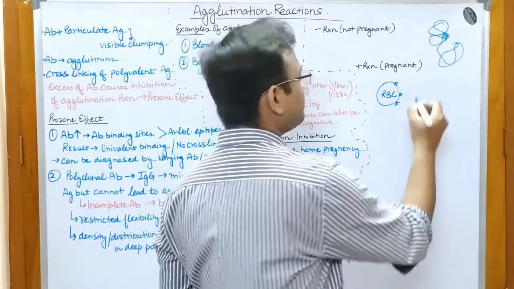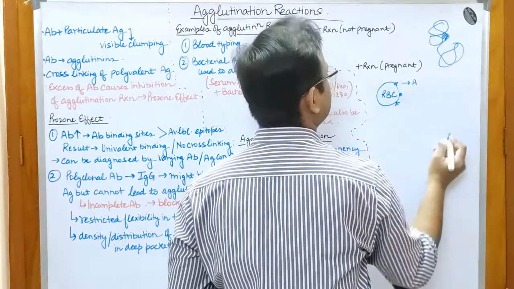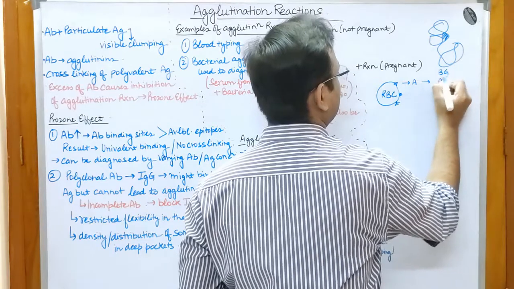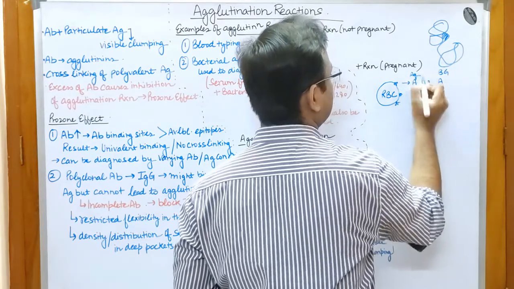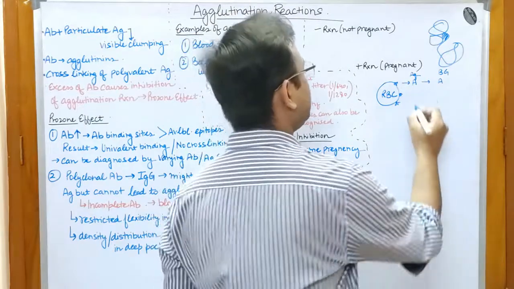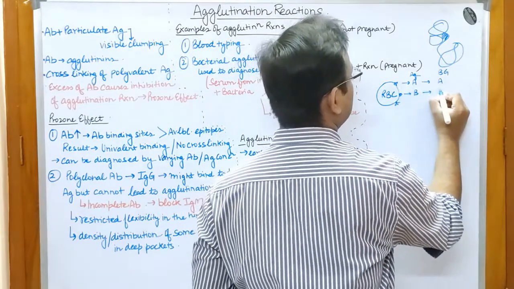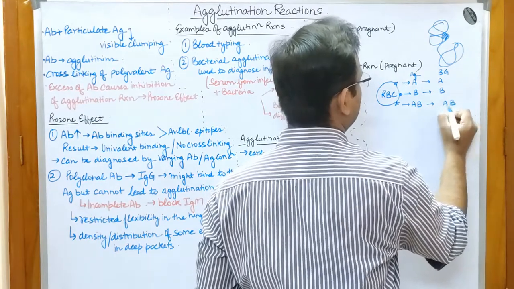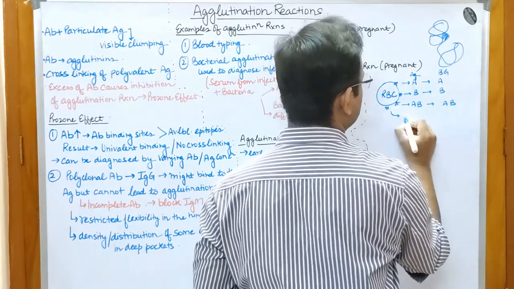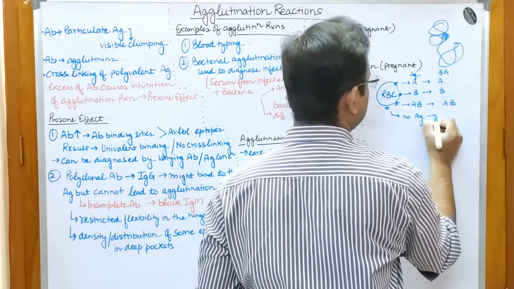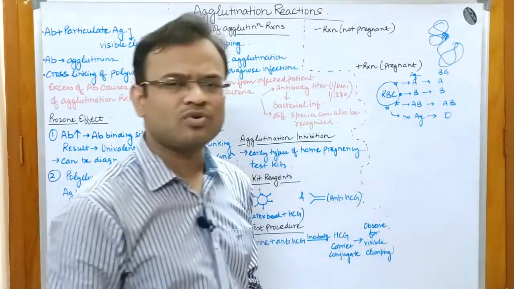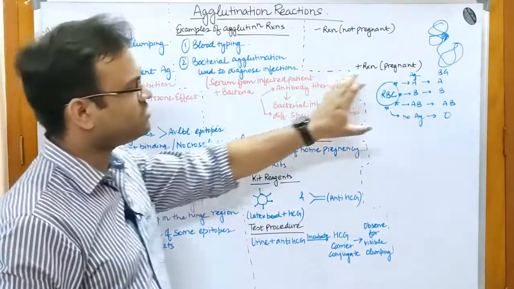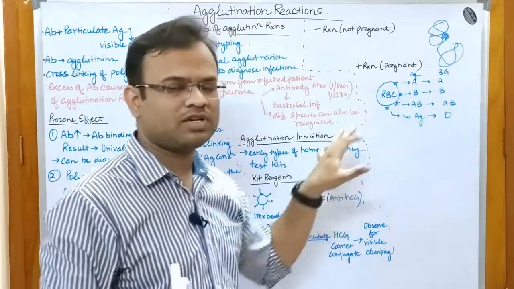Suppose you have the A antigen, then you would have blood group A; antigen B, blood group B; antigen A and B, blood group AB. If there is no antigen, then the blood group is O. You already know this. I just wanted to give you an example of blood typing, and it is quite simple, so I'm not going into the details.